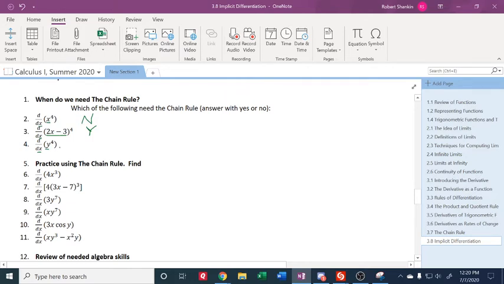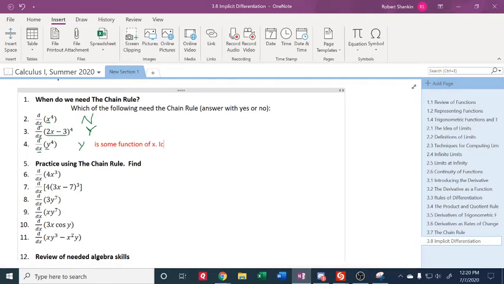And then you would have, so y, and I'll be a little faster if I type this. y is some function of x. It could be that y is equal to 2x minus 3. And then it would be exactly like number 3. And of course we need the chain rule right over here.